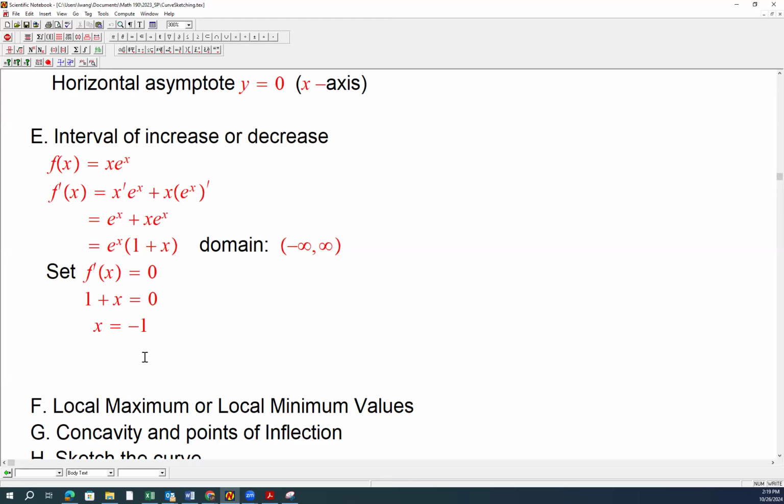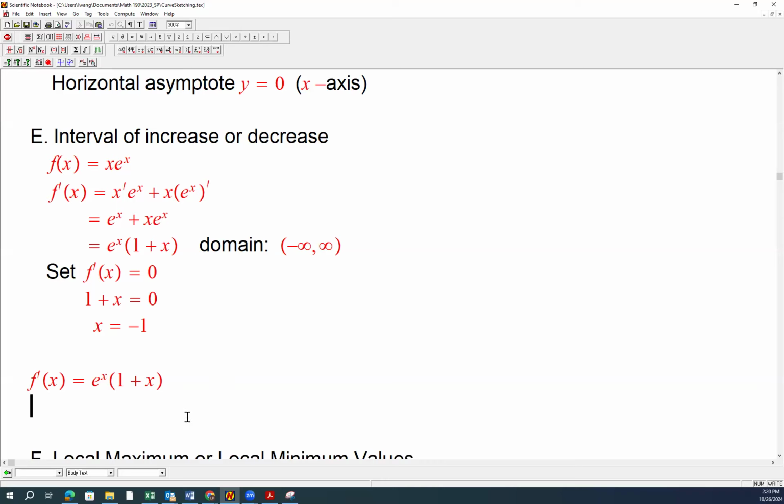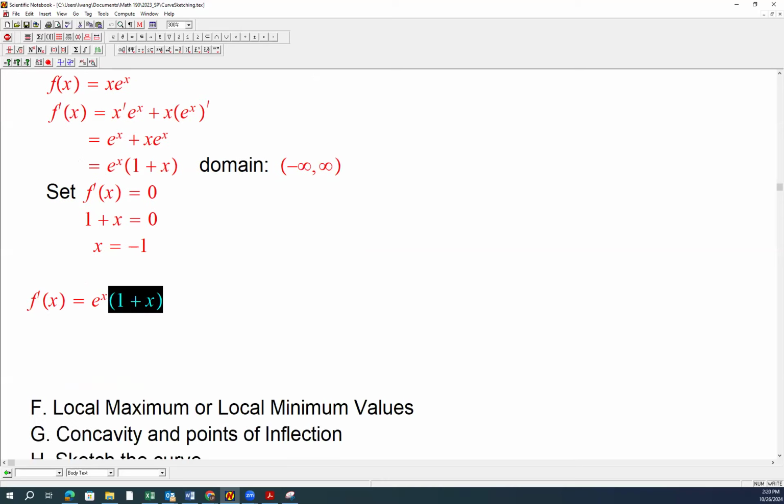So we're going to just look at the number line, at the sign of the first order derivative function. It is equal to e to the power x times 1 plus x. First of all, you can see the sign of 1 plus x changes sign at -1.